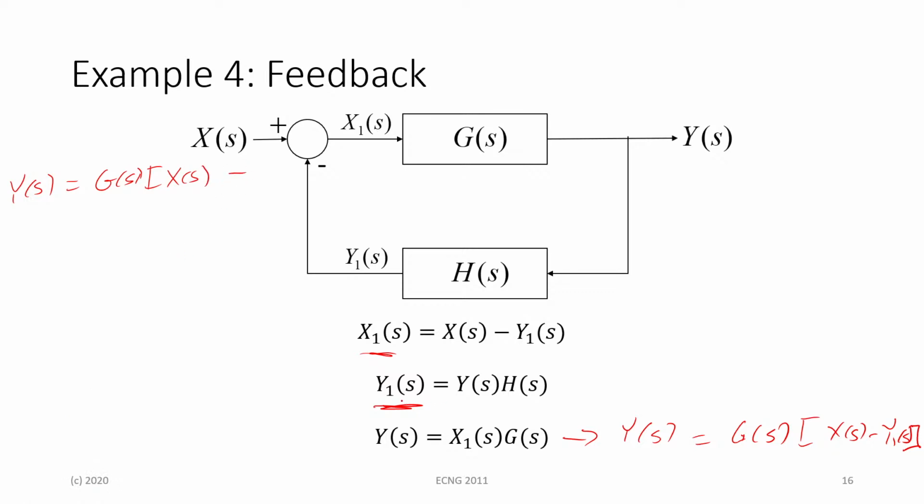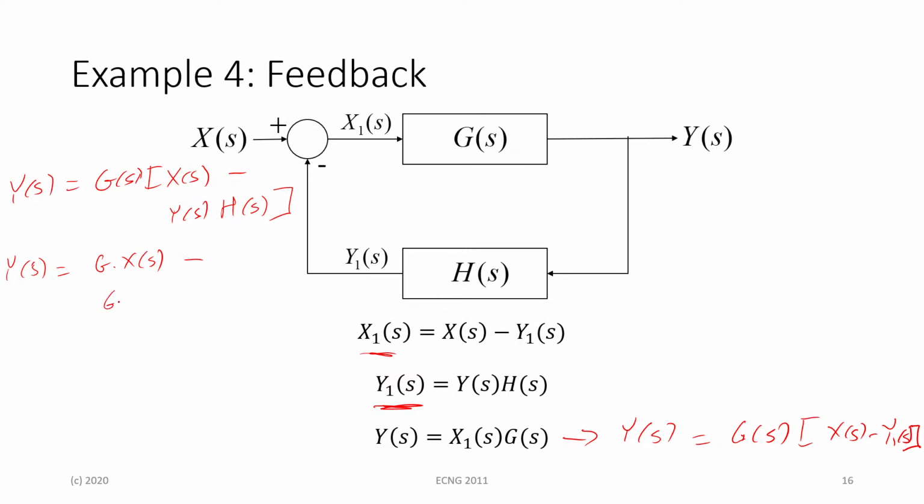minus, and now we have y1 of s, which is y of s h of s. So let's multiply this out. Y of s is equal to g multiplied by x of s, minus g y h of s. I'm just shortcutting a little bit, which is perfectly acceptable if you are doing it in the exam as well.